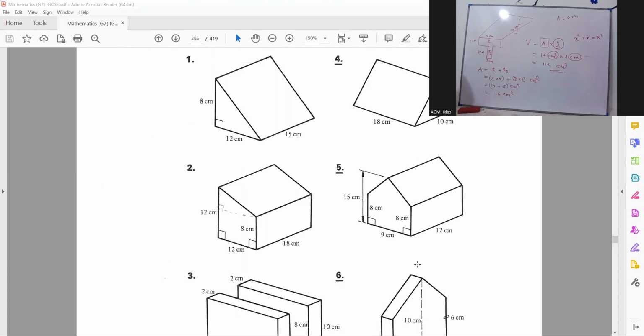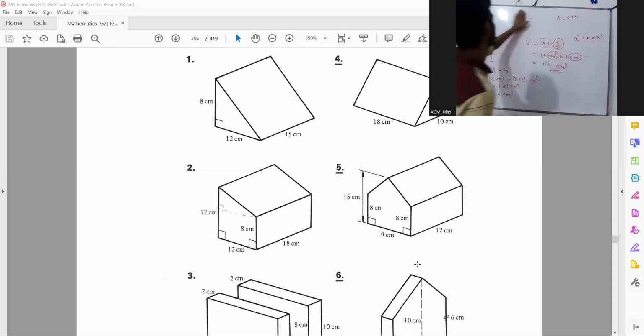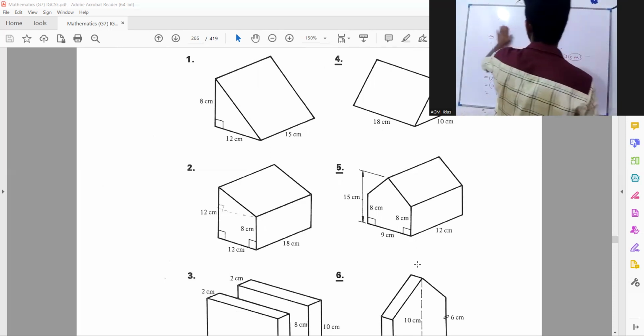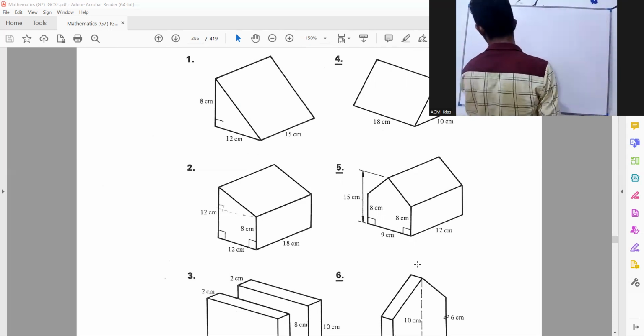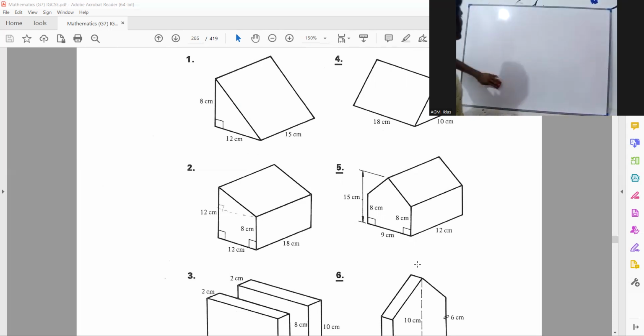Okay, let's look at the fifth question. It looks like a house. Now we are going to find the volume of that house. What is the shape of it? Now, this is the object.